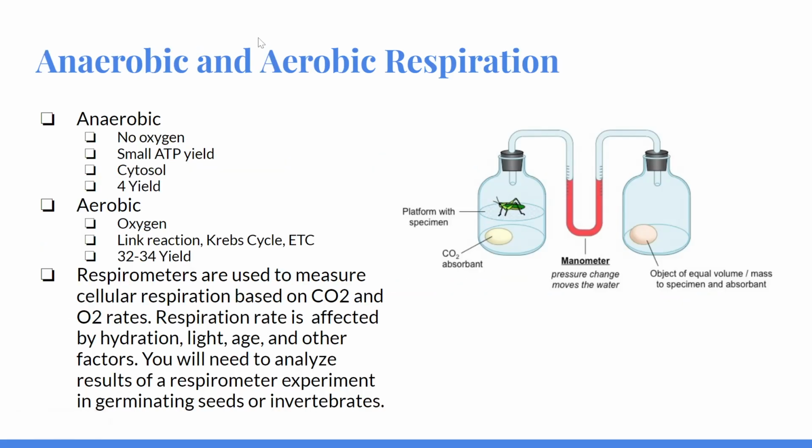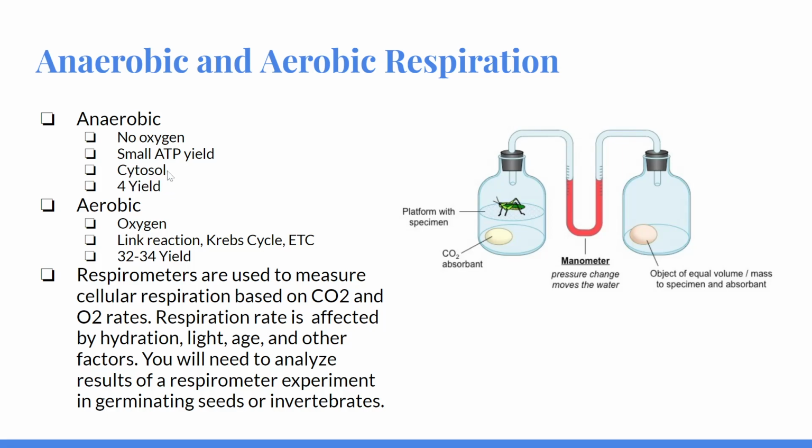So there's going to be two main types of respiration: anaerobic and aerobic. Anaerobic means you don't need any oxygen. It has a smaller ATP yield. It happens in the cytosol of a cell, so you have a 4 net yield. Aerobic, you require oxygen.